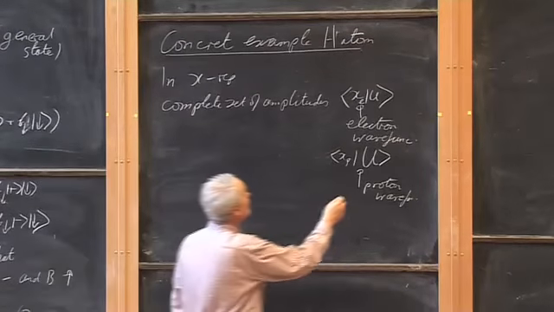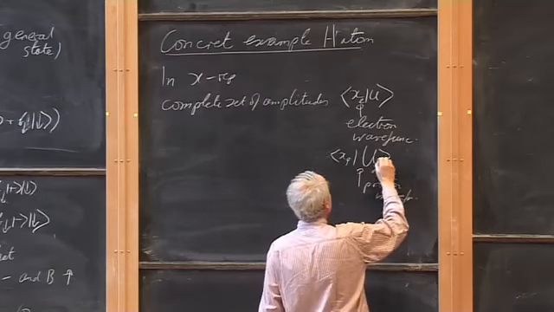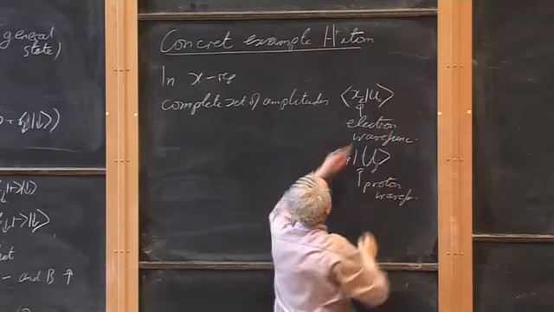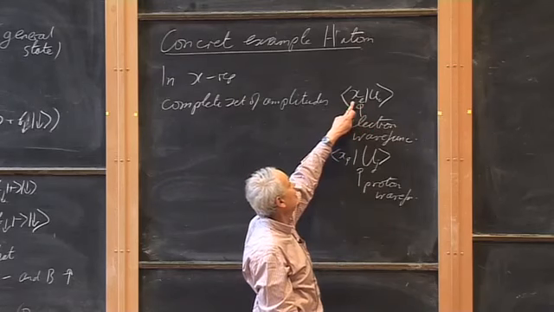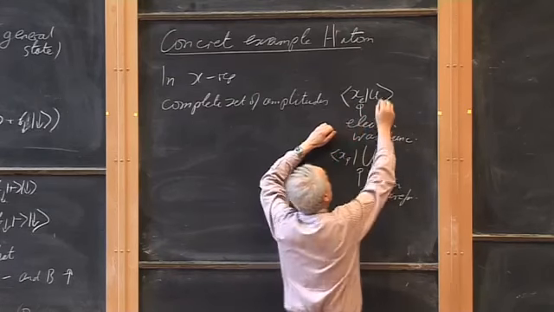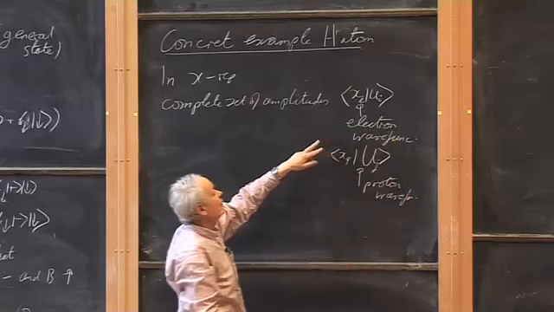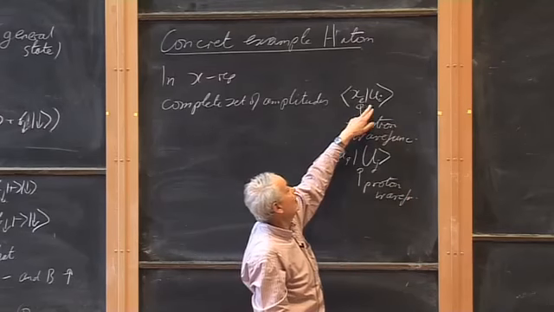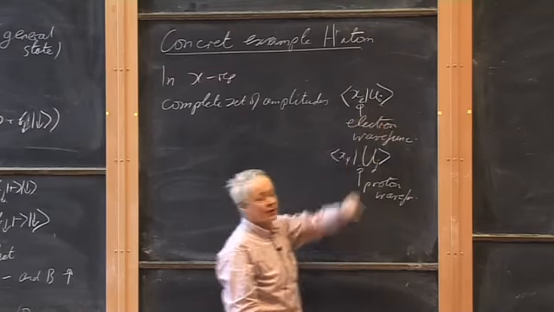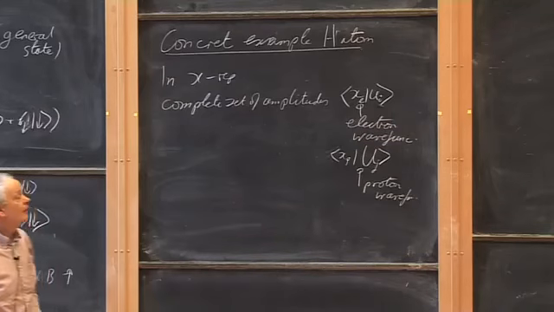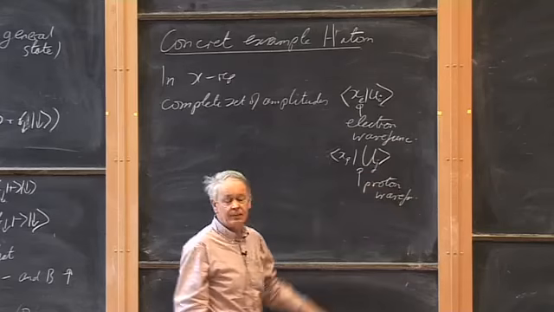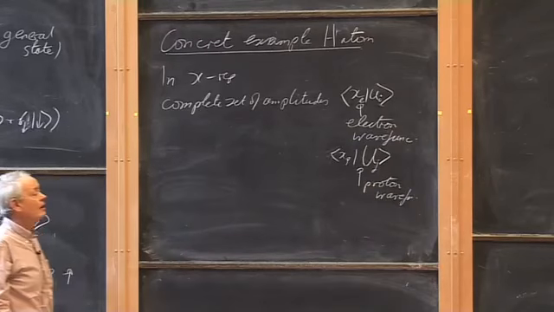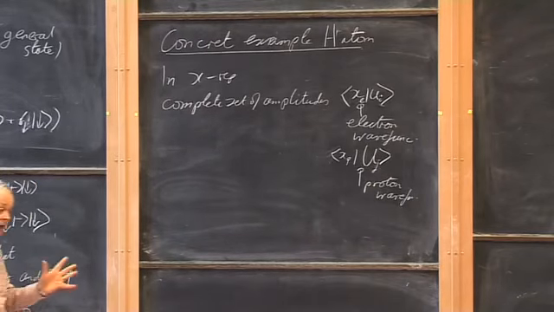And supposing these things have subscripts on them, ui and uj. So this might be the amplitude to find the electron at the point xe, given that the energy of the electron is ei. And this might be the amplitude to find the proton somewhere, given that the proton's energy is ej, say, right?